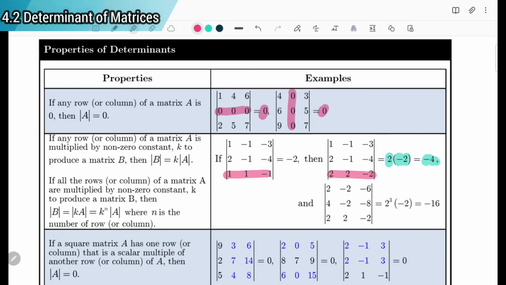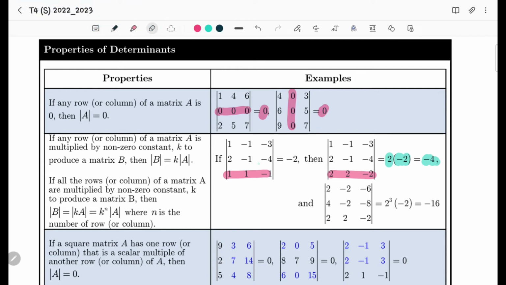If all the rows or columns of a matrix A are multiplied by a non-zero constant K to produce a matrix B, then the determinant of matrix B is equal to the determinant of K times A, which is equal to K to the power of N times the determinant of matrix A, where N is the number of rows or columns.